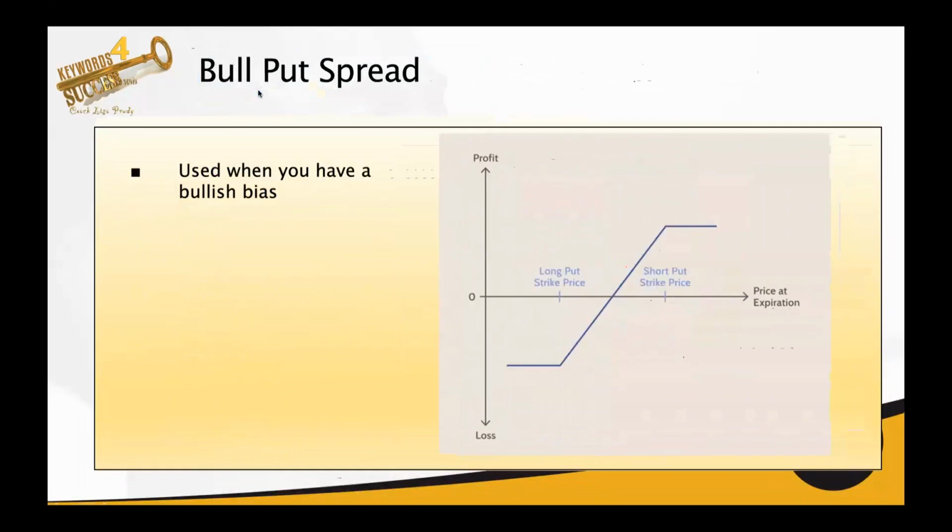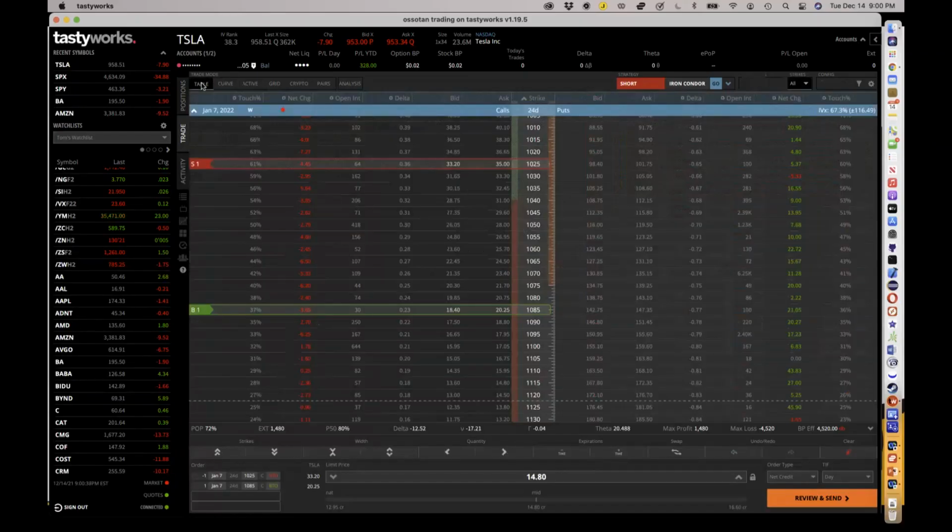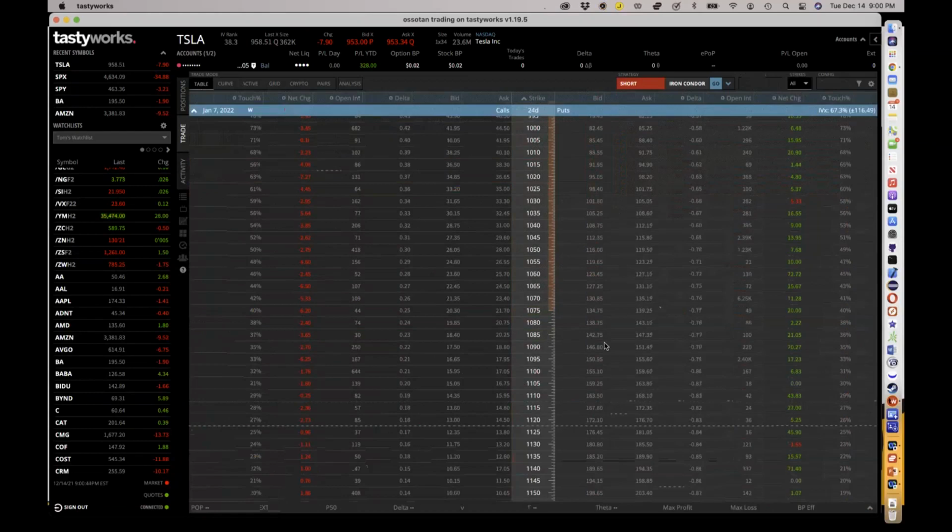Now, for the put side of things, again, you're going to ask me, why do puts instead of calls? It depends. Normally, the premiums on the put side are higher than the premiums on the call side. When the stock is dropping, the puts become expensive and the calls become cheap.